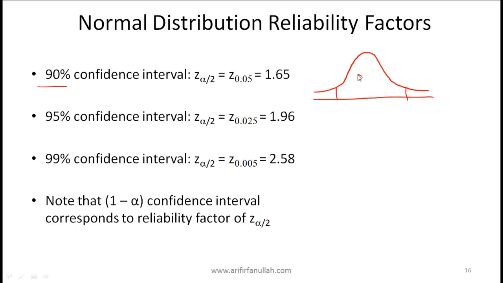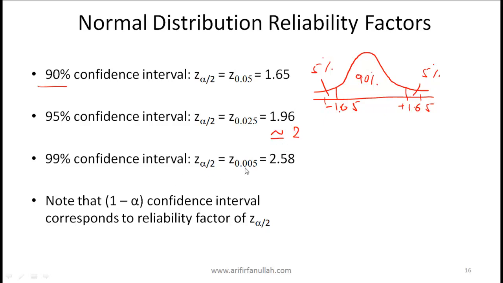So 90% confidence means 90% here, 5% in each one of the tails, and this will correspond to a Z value of minus 1.65 and plus 1.65. With a 95% confidence, we have more area under the curve, so the Z values become larger, 1.96 plus or minus to be exact, but this is approximately equal to 2.